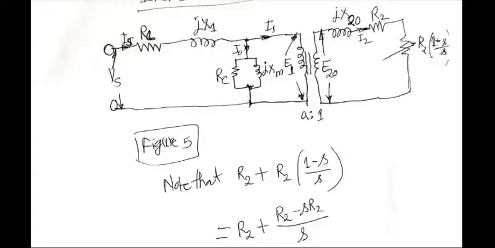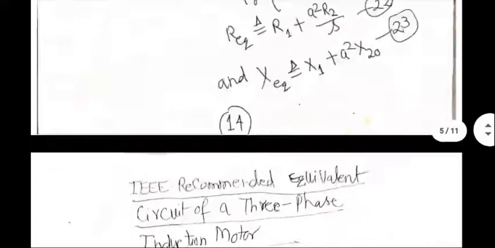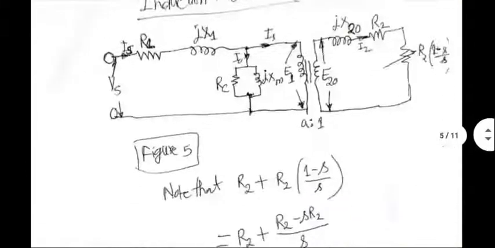And you will have only R2 left. As slip starts becoming less and less, this variable part of the rotor resistance will start playing a role in determining the behavior of the motor. At least be aware that IEEE wants this equivalent circuit, not the previous one.